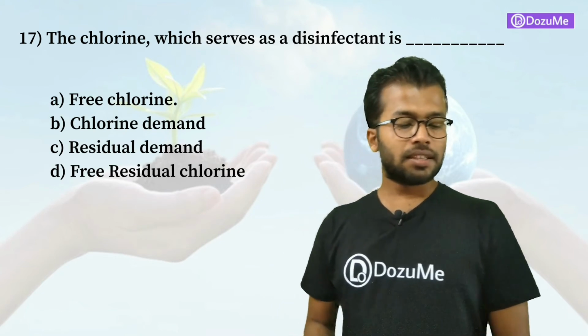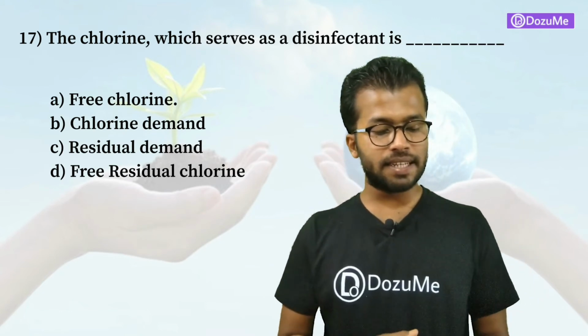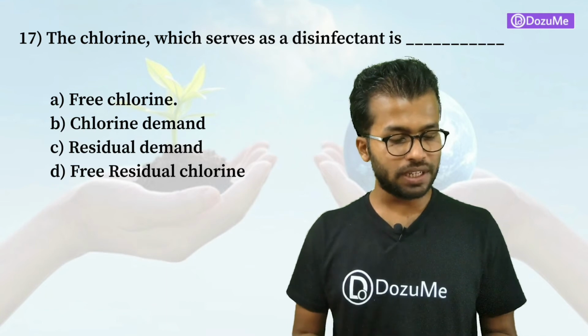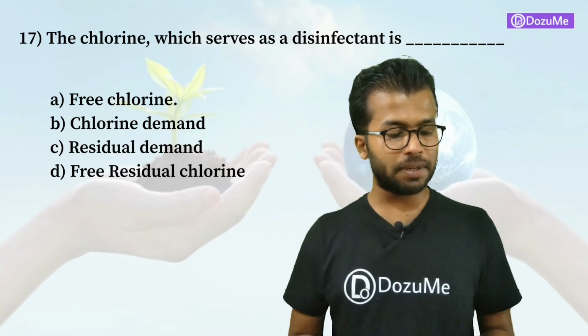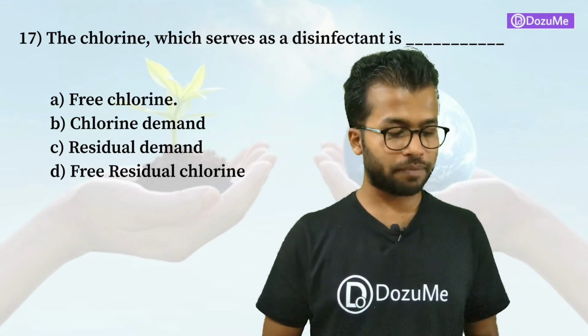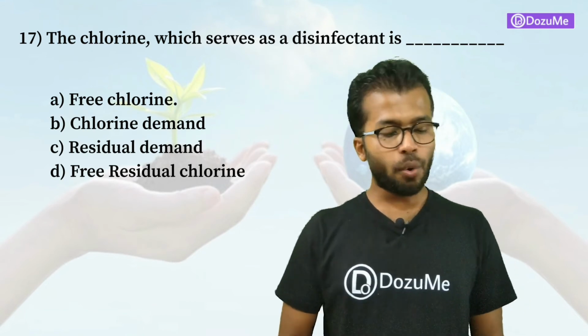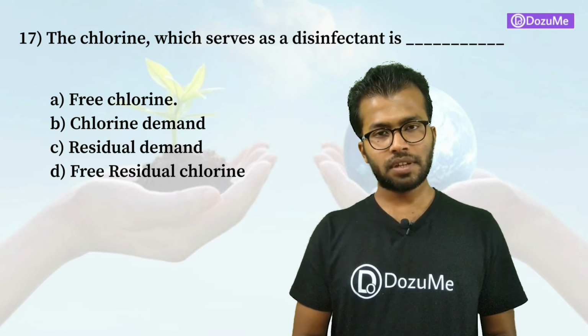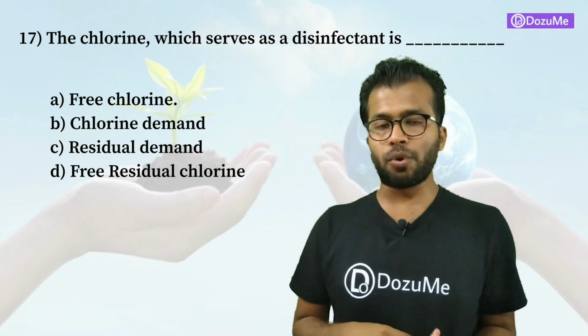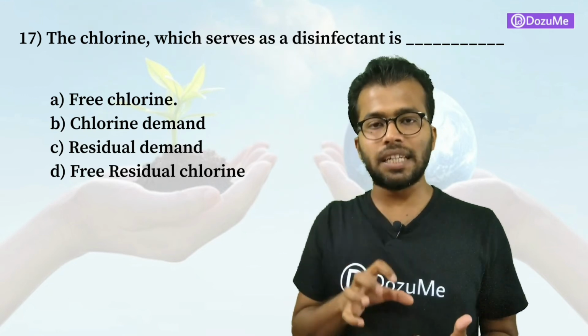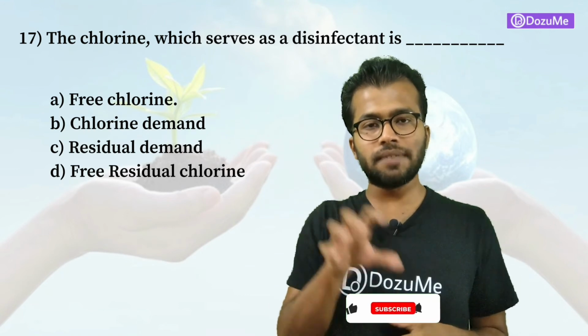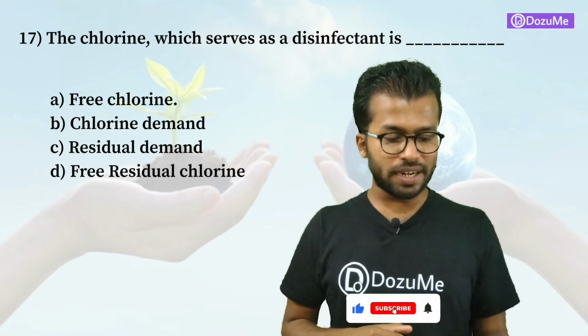Question number 17. The chlorine which serves as a disinfectant is free chlorine, chlorine demand, residual demand or free residual chlorine. If you know the answer, comment it with the specific question number 17. What is free chlorine? Free chlorine means the amount of chlorine that is still active for its disinfectant purpose. What is chlorine demand?